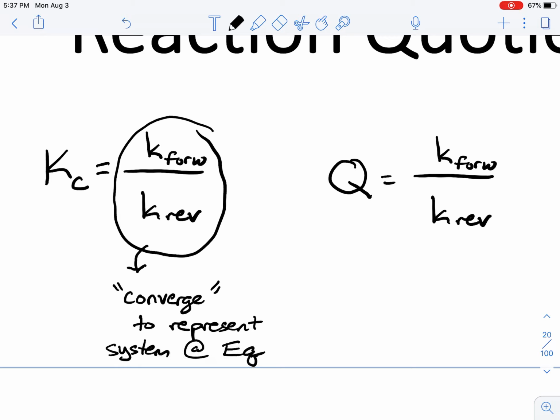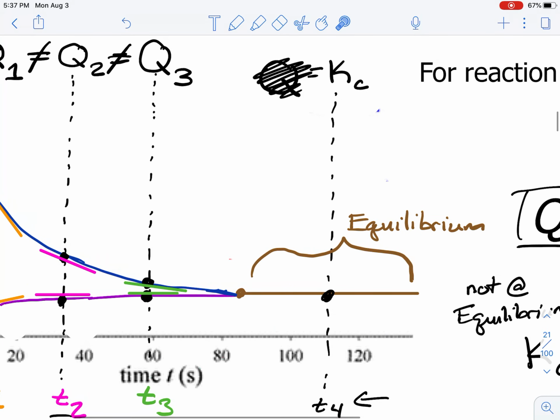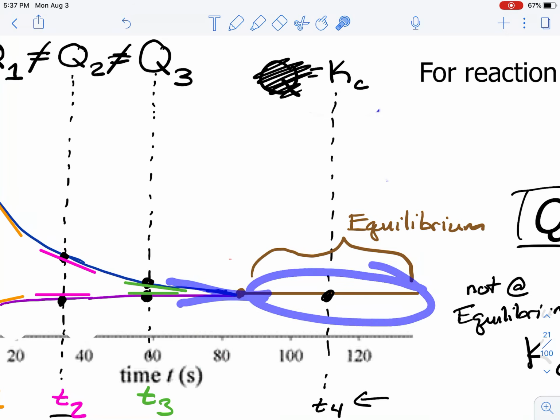So remember the definition of equilibrium, that's when the rate of the forward is equal to the rate of the reverse. In a sense, the rate has converged, right? So this is where equilibrium occurs.